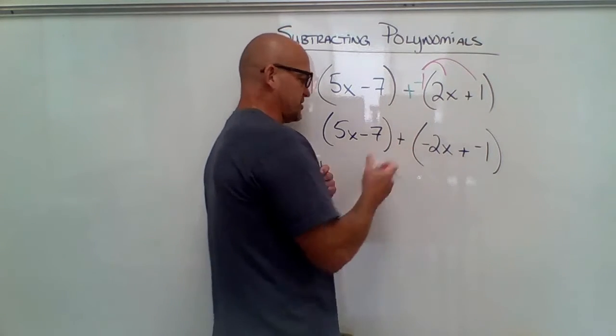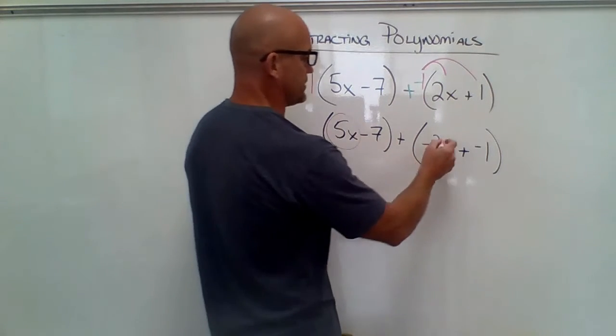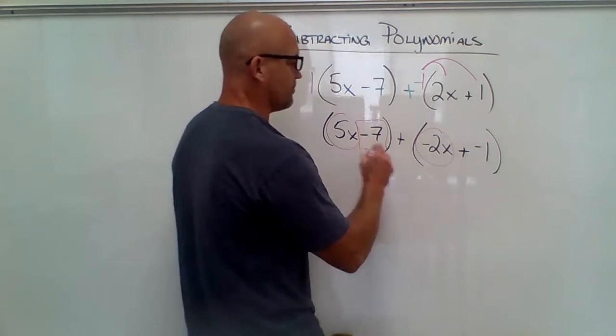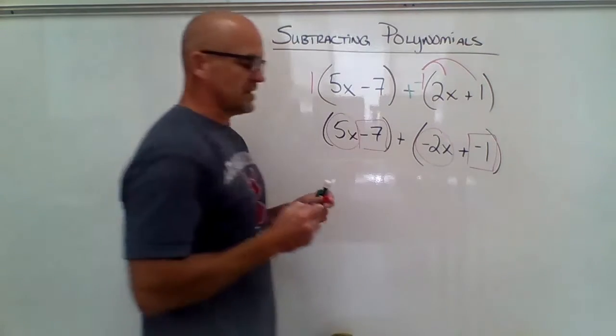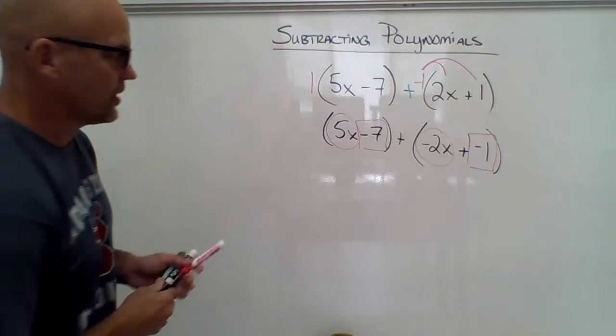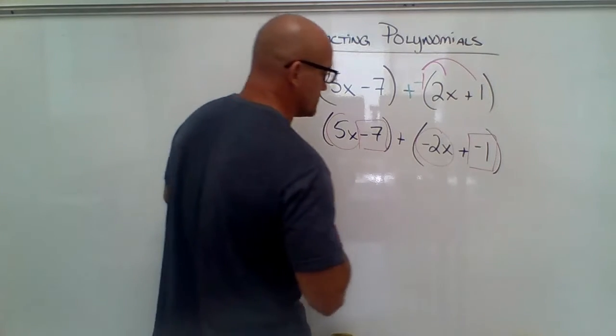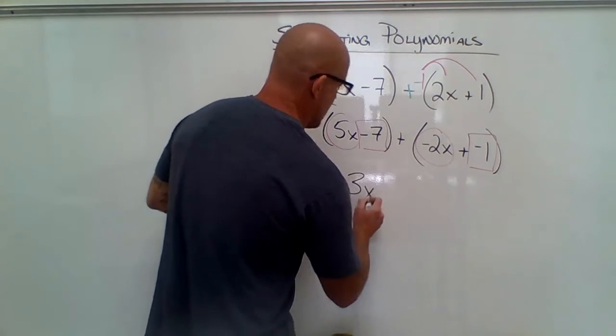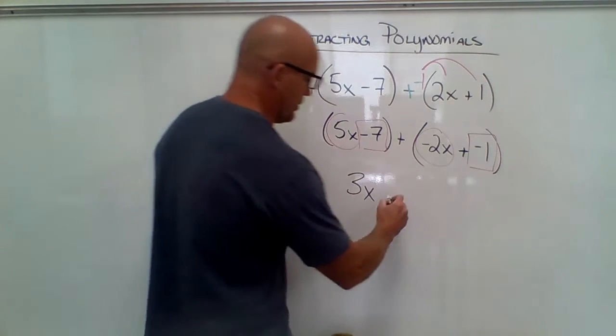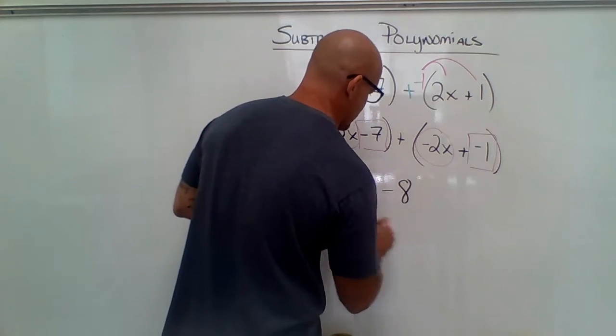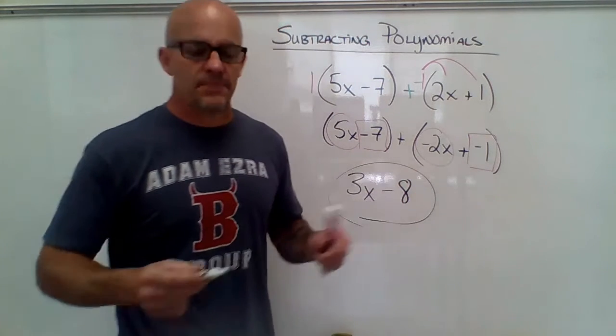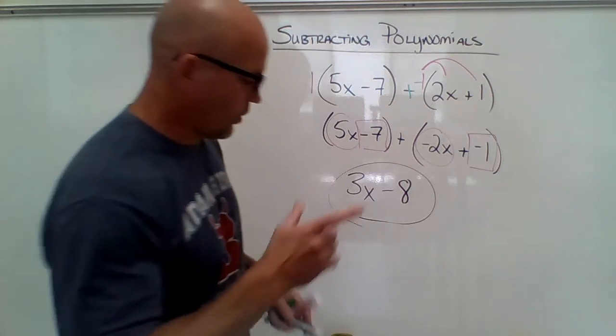I just changed my subtraction to addition. I'm going to identify my like terms, and I'm going to go ahead and combine them up, which simply means I'm going to add them together. 5x and -2x, of course, is 3x, and your -7 plus -1 becomes -8. Easy peasy when you do that distributive of the -1.